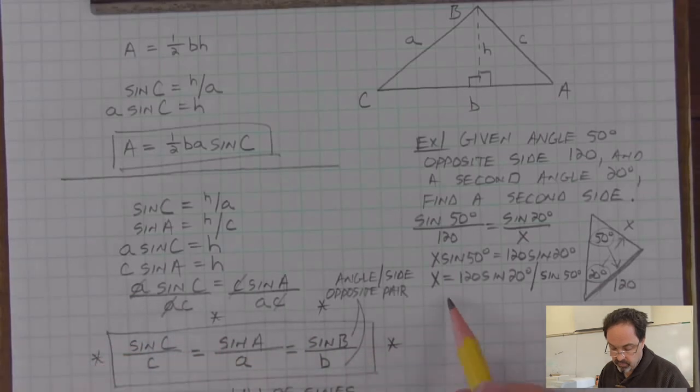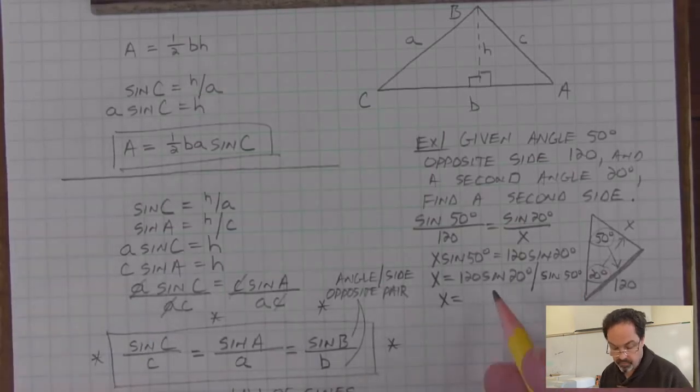And finally, if I went to a calculator to approximate the sine of 20 and the sine of 50 degrees, and then multiply by 120, I would get an approximation for x of 53.577. That's rounded to the nearest thousandth, a good habit to be in.